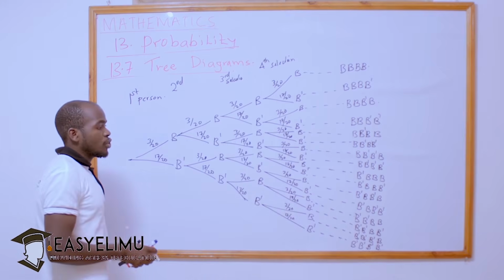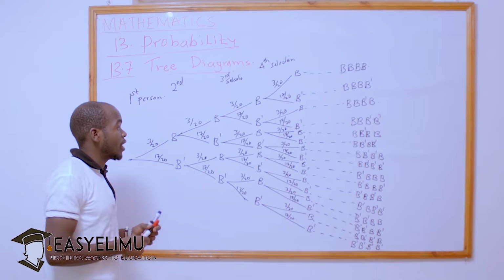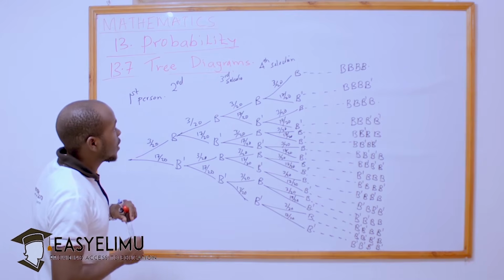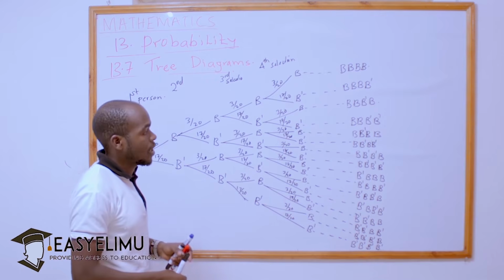That's what you are going to have as the sample space, and there are actually 16 sample spaces. So we are going to have them as given there.